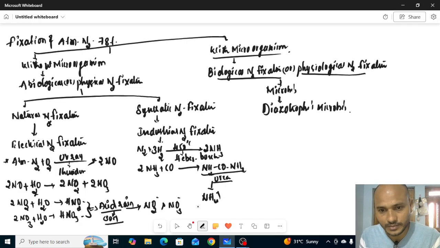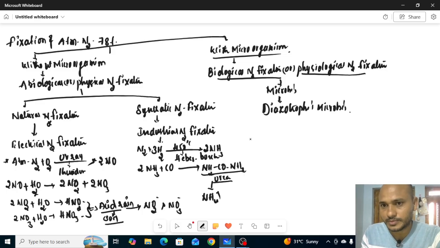Now we will discuss how microorganisms are involved in the atmospheric nitrogen fixation process. The microbes involved in atmospheric nitrogen fixation are called diazotrophic microbes. Why this name? Because only these microbes have special enzymes.